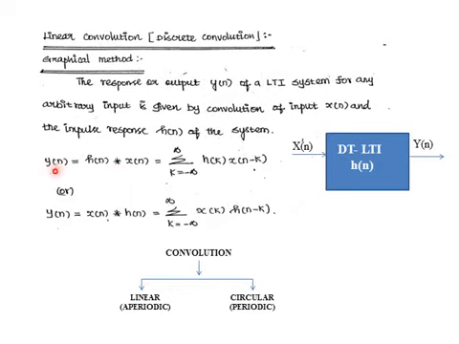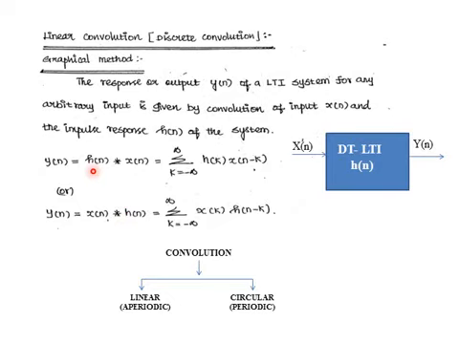So, in general, the convolution is represented as y of n is equal to h of n convoluted with x of n. Its mathematical formula is summation k is equal to minus infinity to infinity h of k x of n minus k. The same formula can also be represented as y of n is equal to x of n convoluted with h of n.